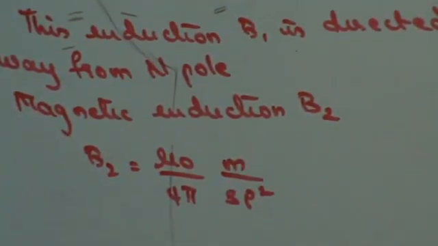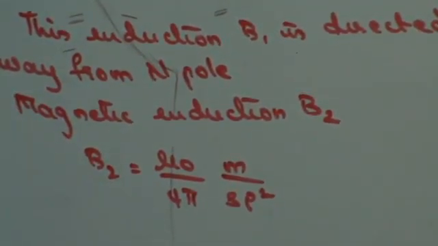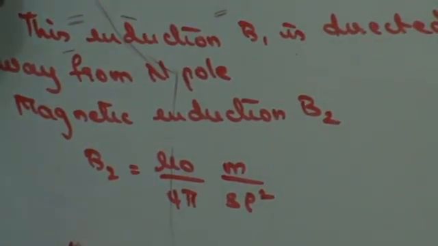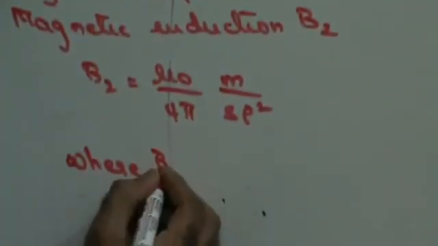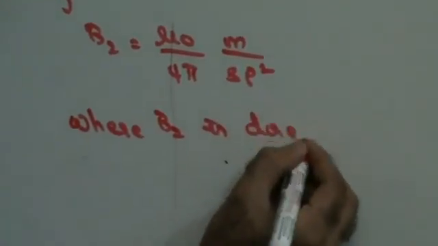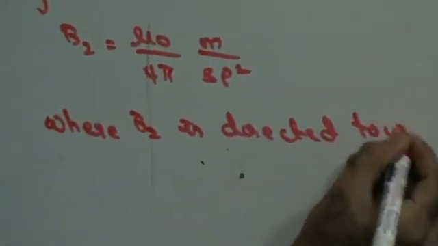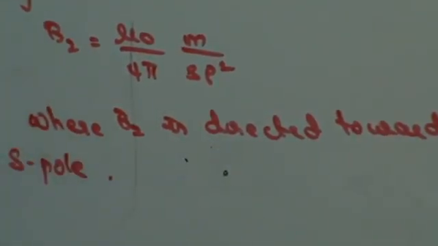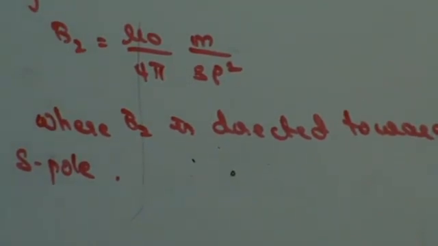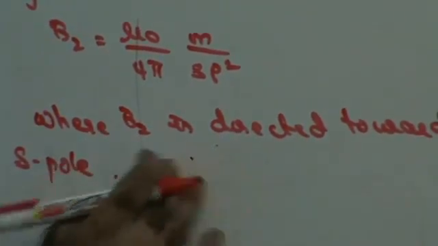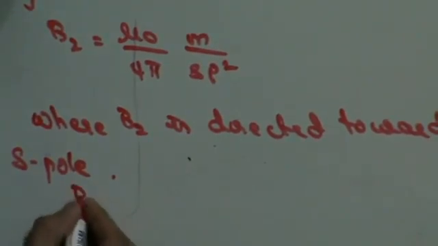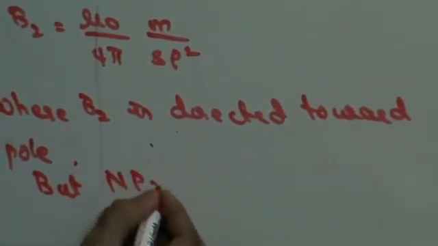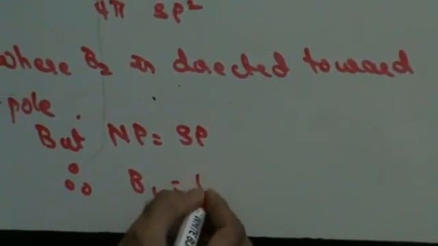Now I can say that B2 is directed towards the south pole. Fine, do we get this in here? Now, NP is equal to SP because the point is on the equator. Therefore, I can say that B1 will be equal to B2.